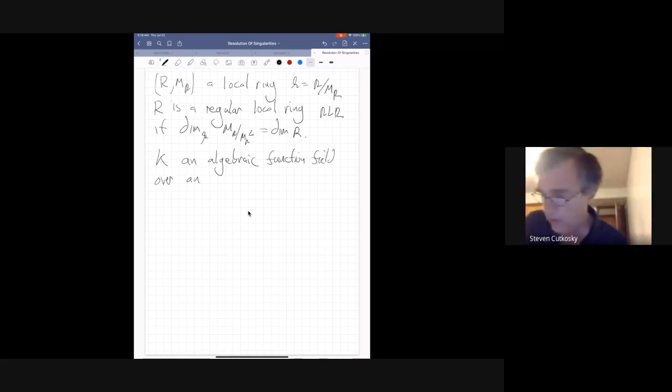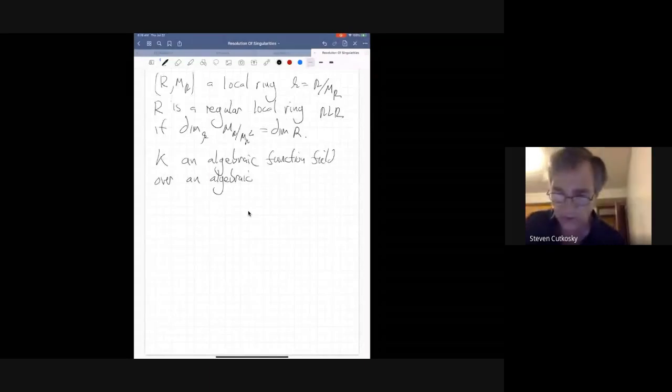Okay, so what I'm going to do is, to make things easy, restrict to the case of an algebraic function field over an algebraically closed field. So what is this? This just means a finitely generated extension field. So you have a dimension attached to that.